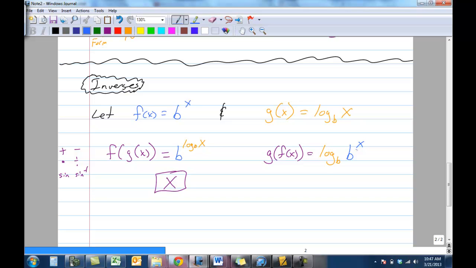Now, that doesn't look anything like this, but here's what's up, y'all. If I have log base b of base b to the x, they're mortal enemies of each other, and they will cancel each other out, leaving, again, what was an exponent now on its own, just x.